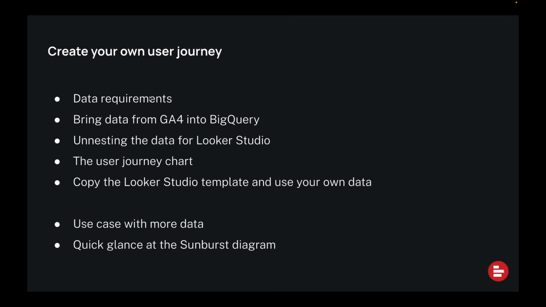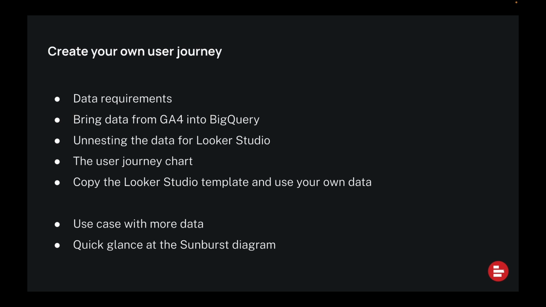Now let's see, what do you need to create your own user journey? First of all, we're going to look at the data requirements. Then we will look at how you can bring your data from GA4 into BigQuery, because we will need BigQuery for this. Then we will look into unnesting the data so that it can be used in Looker Studio.